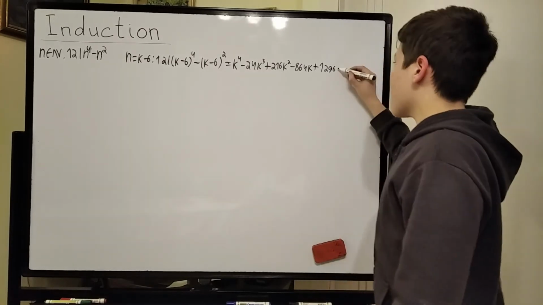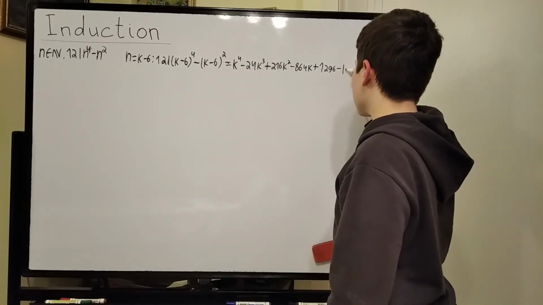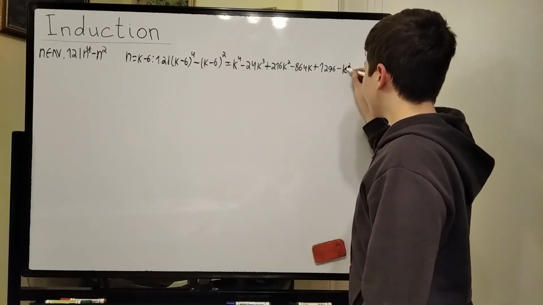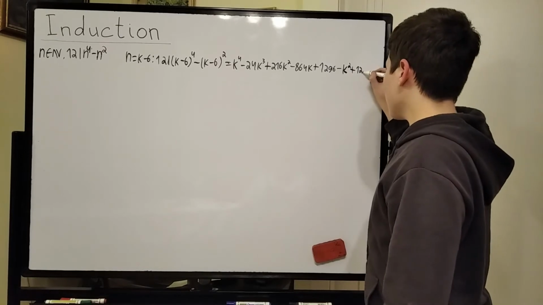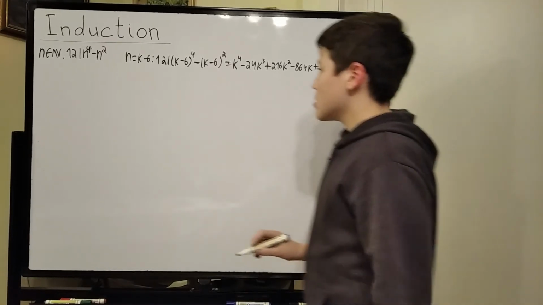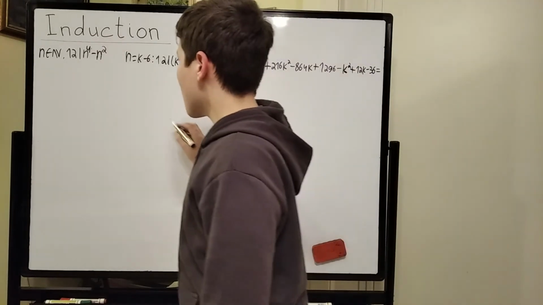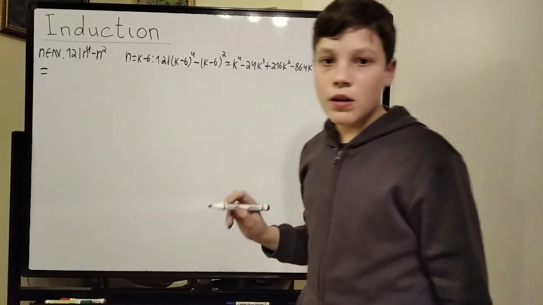And then minus k minus 6 squared, so minus k squared, and plus 12k minus 36. So, now let's see where that gets us.